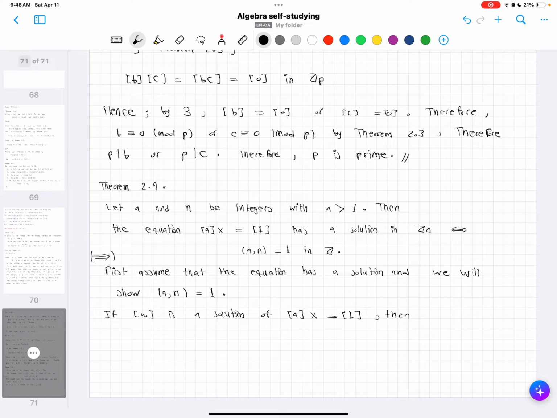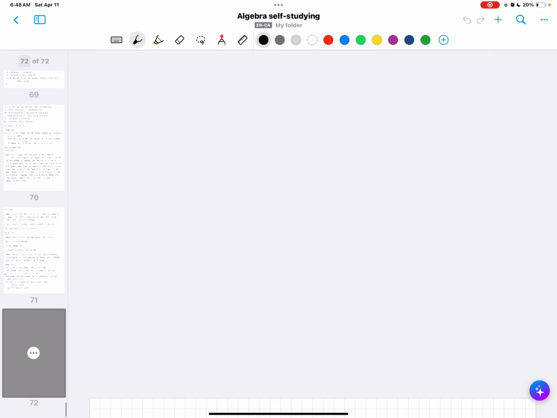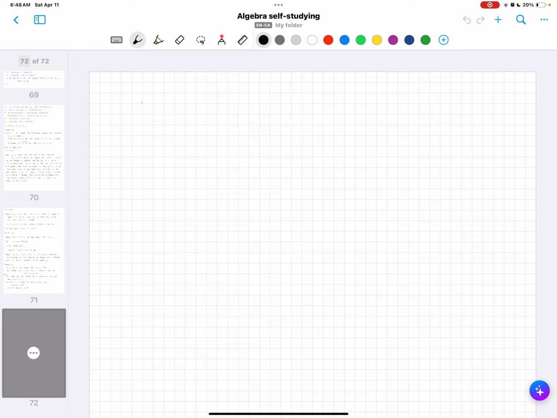we have the following. We have a times the class of w is equal to the class of 1, which means that a times w is congruent to 1 mod n in Z. So what this tells you is that a times w minus 1 is equal to k times n.